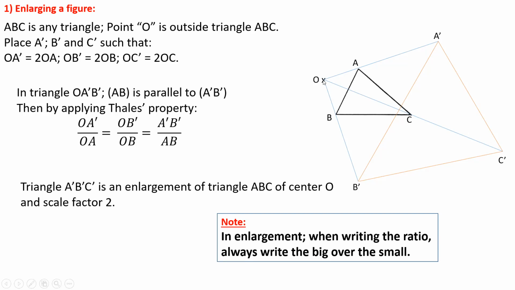So OA prime over OA equals OB prime over OB equals A prime B prime over AB. After I get the ratios, I calculate them. So I say triangle A prime, B prime, C prime is the enlargement of triangle ABC by a scale factor, suppose here I enlarged times 2, it is 2, and the center is O.